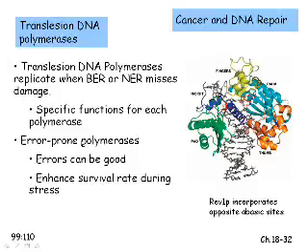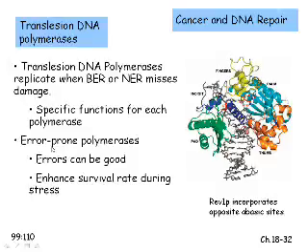These are distinct from the bulk DNA polymerases, the main DNA polymerases, because they're more error-prone. They are not as faithful in their copying process. So you might ask, well, why would you want a DNA polymerase that makes errors? And the answer is that this is sort of a triage solution.